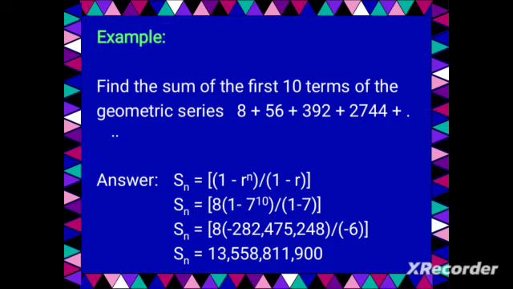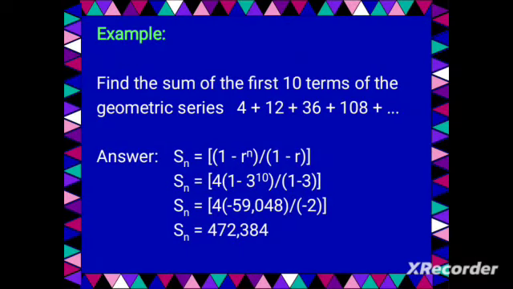The ratio is 7, and it is raised to 10 because we are looking for the first 10 terms. Then we'll be able to get the answer by simplifying. So just the same way, even this will just use the same method. You'll be able to get the sum of the first 10 terms of the geometric series given there.